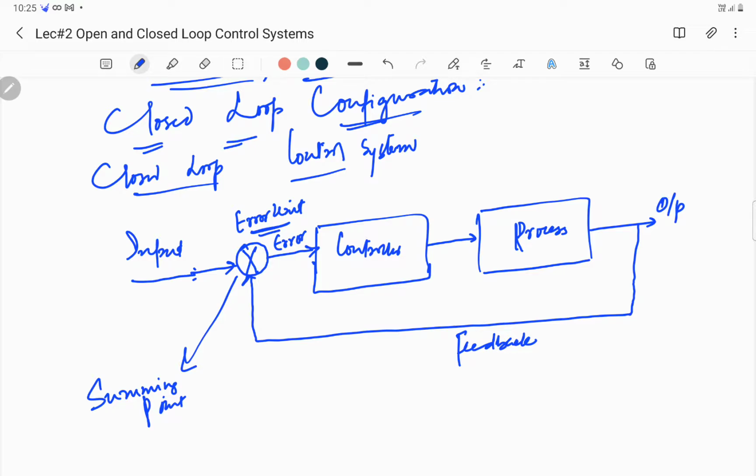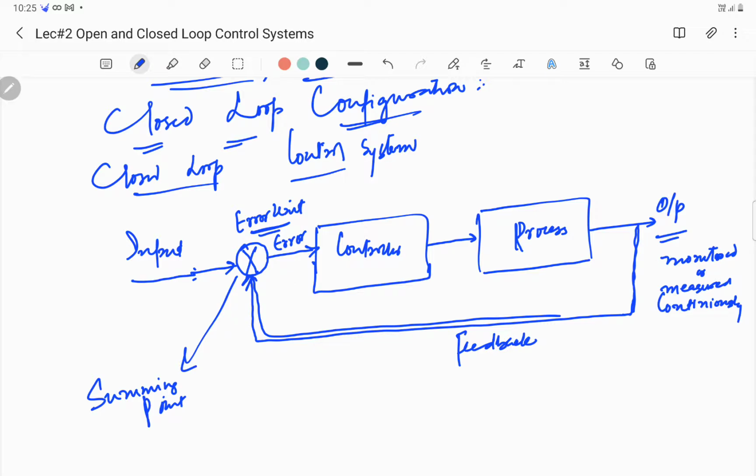As I said, in case of a closed loop system, the output is being monitored or measured continuously, and then fed back to the input.